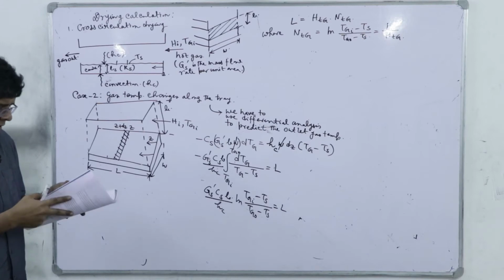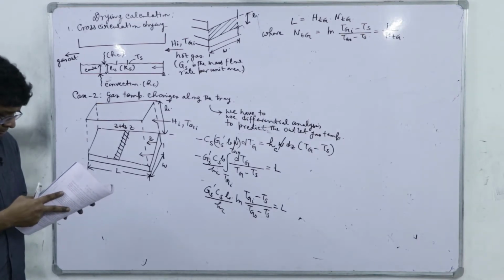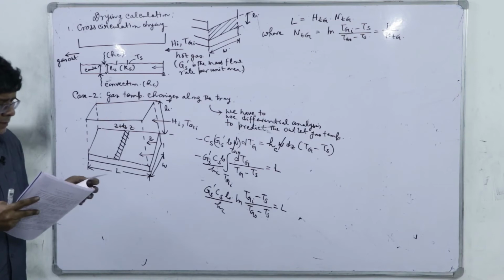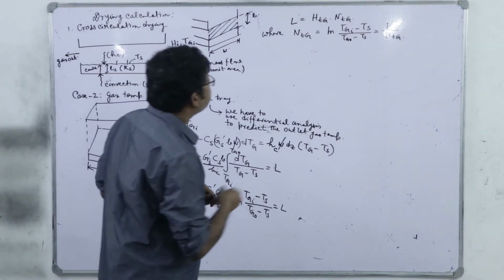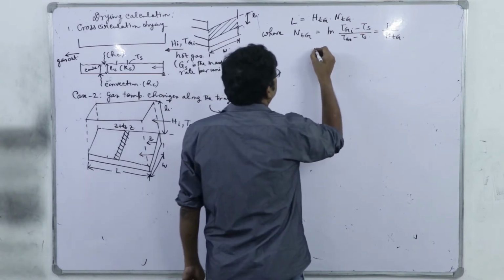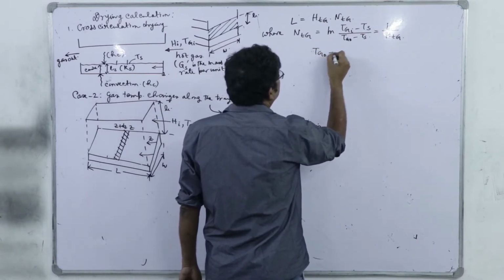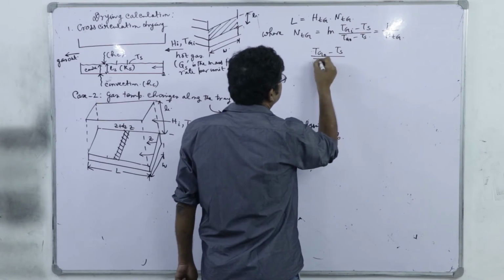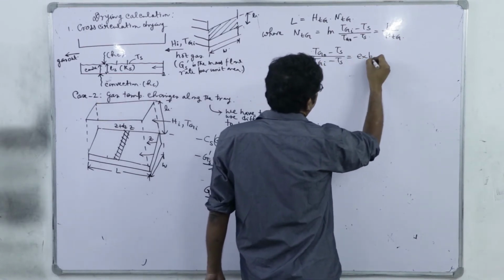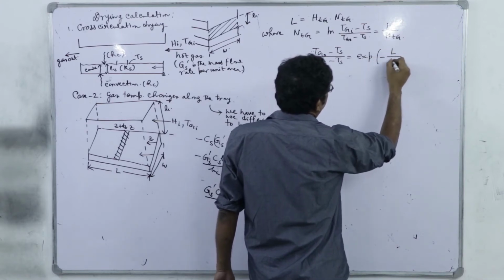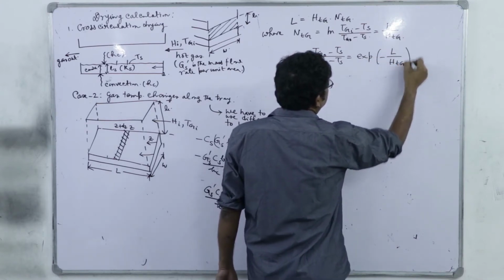So if this is the case, you see, then TGO minus TS divided by TGI minus TS is equal to exponential of minus L by HTG.